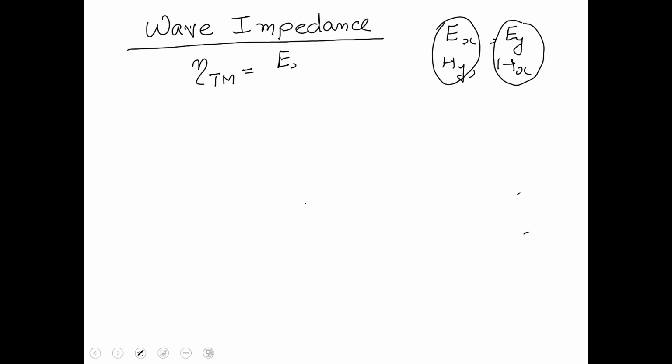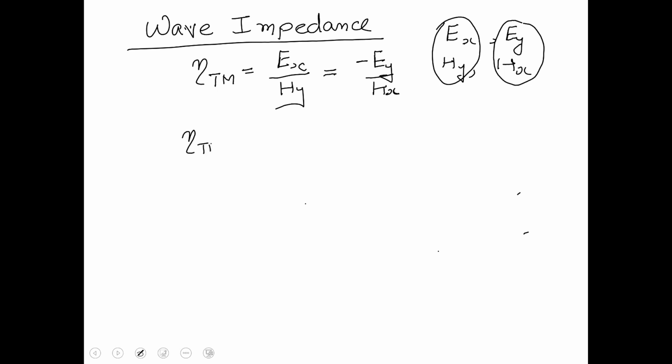So if you notice eta TM and you do this calculation Ex by Hy, or you do the calculation of minus Ey by Hx, looking at the field components we had before, you get exactly the same value. So Ex and Hy are related by the same term as Ey and Hx are. And this is expected because one, the material is the same, and second, the confinement factors are effectively the same too.